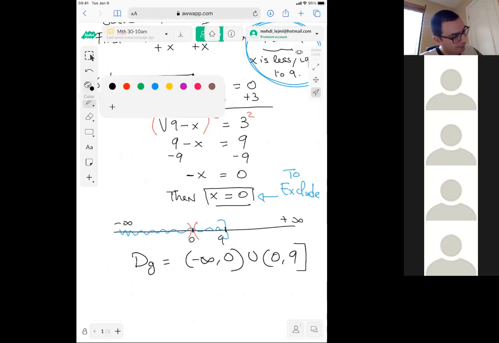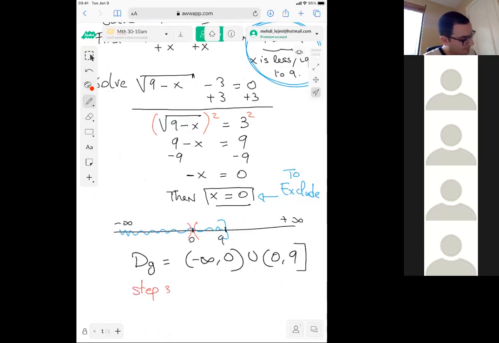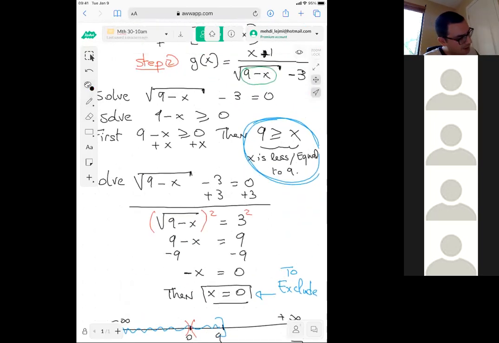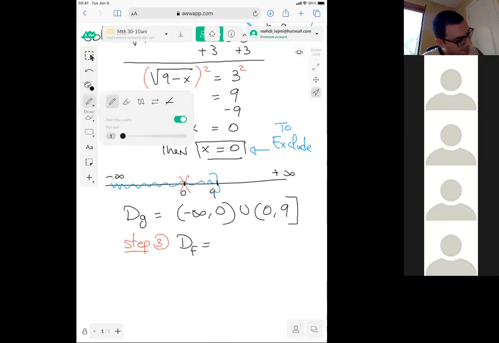Now I can find the common domain. So step 3, the common domain. So let me just write it down for your convenience. So the domain of F, we said, is -1 to positive infinity.